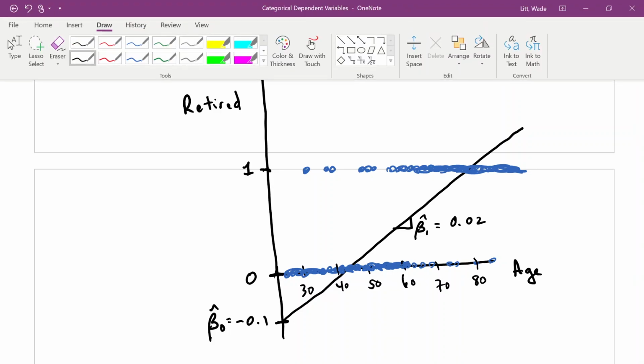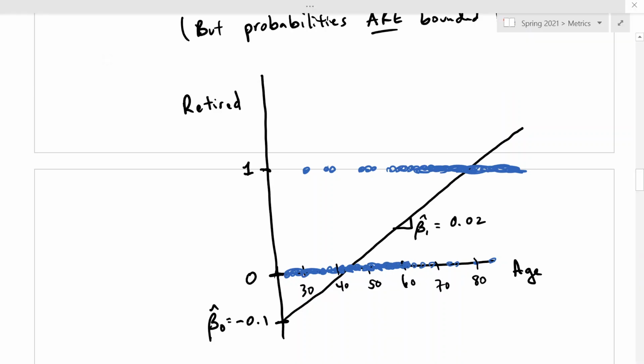But what's going to end up happening is, if we want to predict the probability of somebody retiring, then let's take any given age. So let's say 52 or 53. At that age, we come up here and we're going to predict that the probability of retirement when you're 53 is, say, 25%, right?